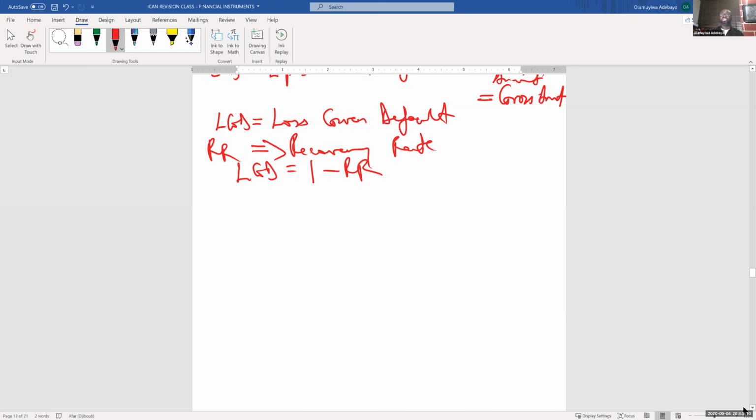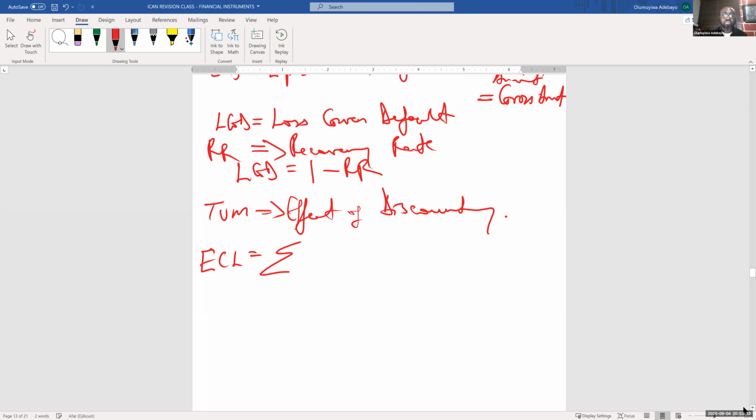And in that situation, you consider time value of money, the effect of discounting. And that is our position in this case, which means my expected credit loss is the sum of my shortfalls in the cash flow.